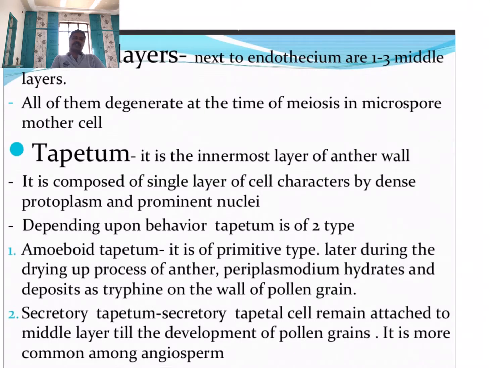The other one is the secretory tapetum. Its cells remain attached to the middle layer till the development of pollen grains. It is more common among angiosperms and is present in the advanced angiosperm plants.